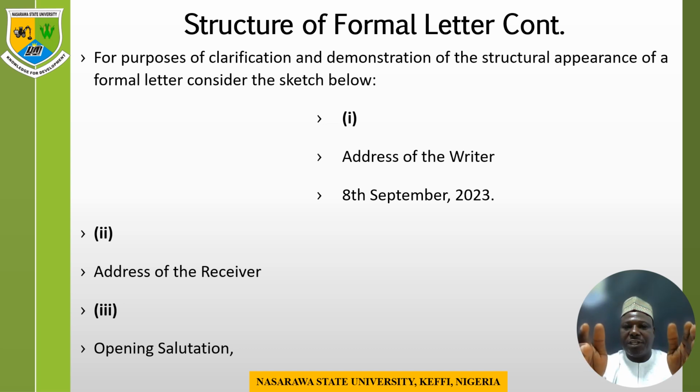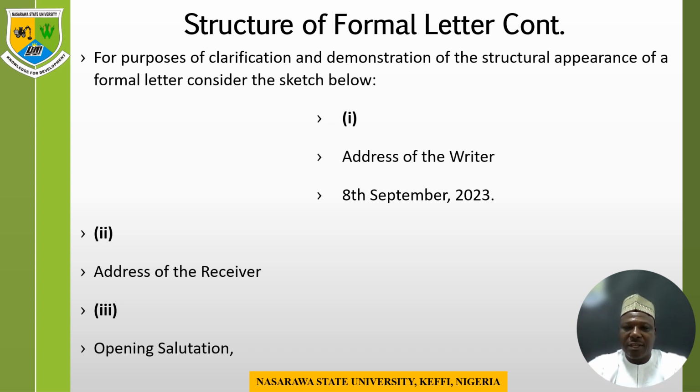And so the item Roman numeral 1 there is indicative of the position by which the address of the writer may be written on the paper, from the middle part of the paper towards the right hand side.